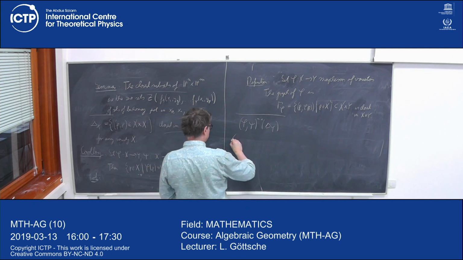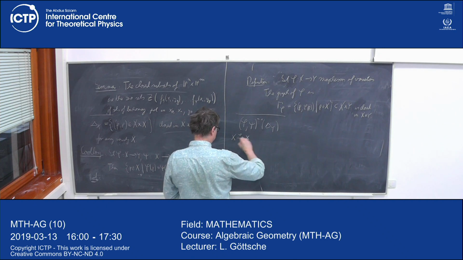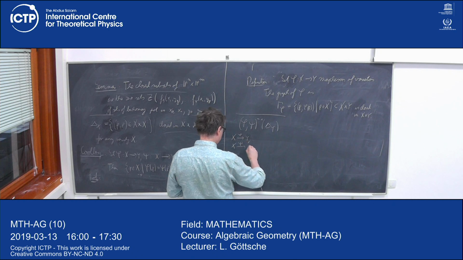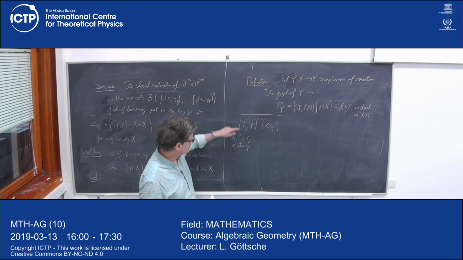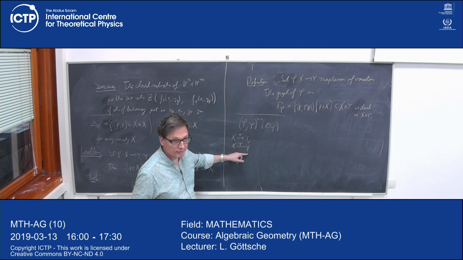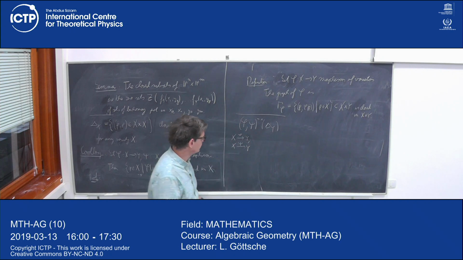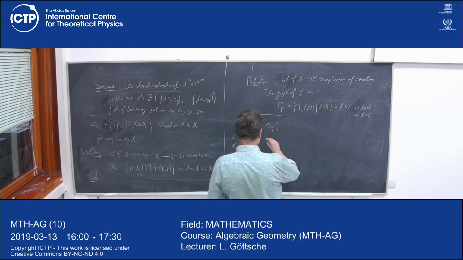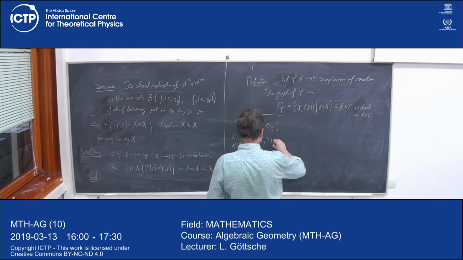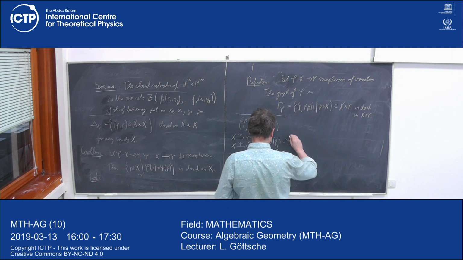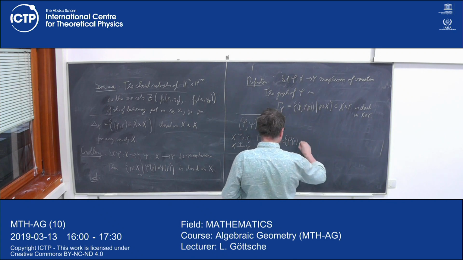Remember, if you have a map phi from X to Y and a map psi from X to Y, then this is a map from X to the product Y times Y, which sends a point p to the pair (phi of p, psi of p).